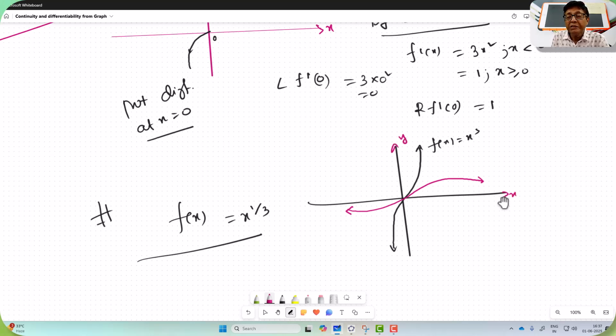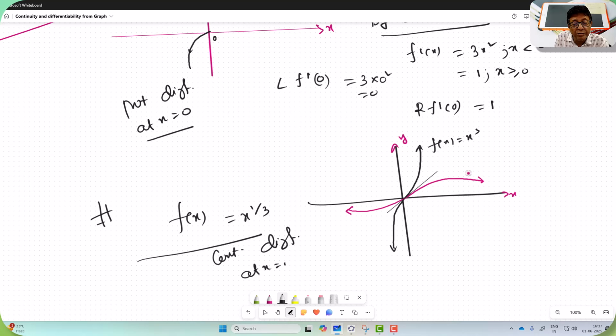Now this function f(x) equal to x to the power 1/3, is it continuous everywhere? If you draw a tangent over there, there will be a unique tangent. It is continuous and differentiable at x equal to 0. Confirm.